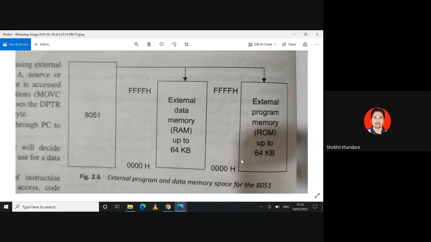Again I am saying, whether I can access both the memories at a time or one memory at a time. It means that if I want to access the memory location at 0001H, whether this is for RAM or for ROM. So that is the main question. So how do you access these external memories?